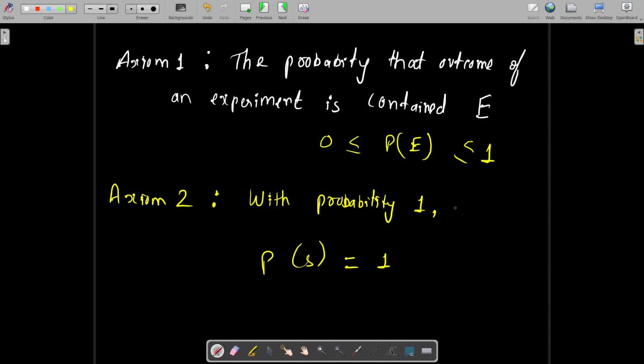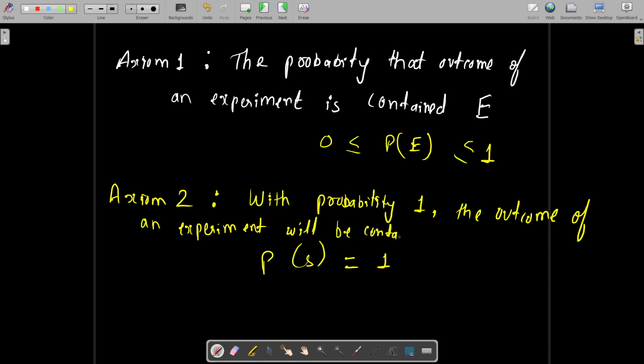With probability 1, the outcome of an experiment will be a member of, or will be contained, let me use the same words as axiom 1, in sample space S.